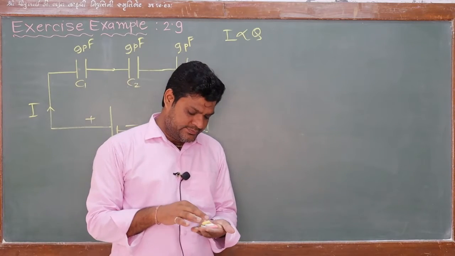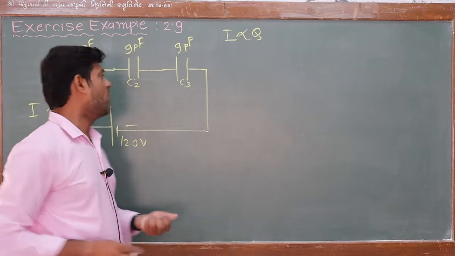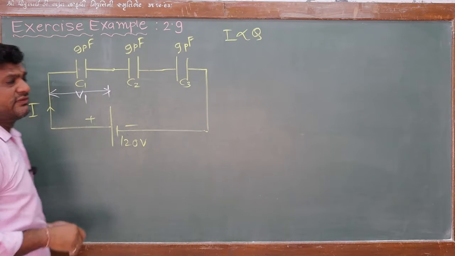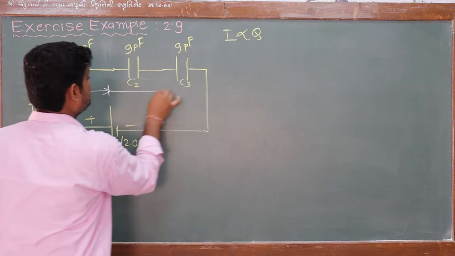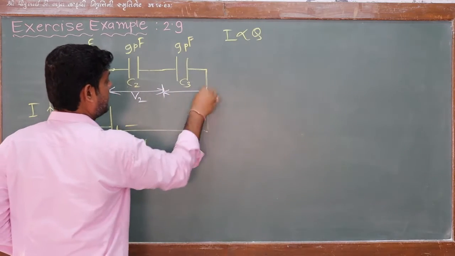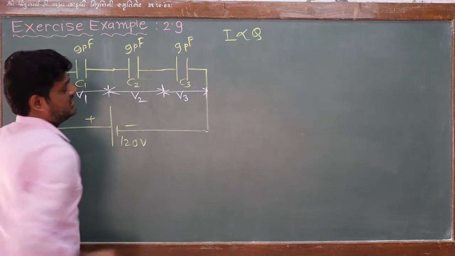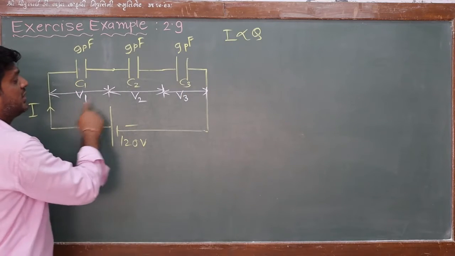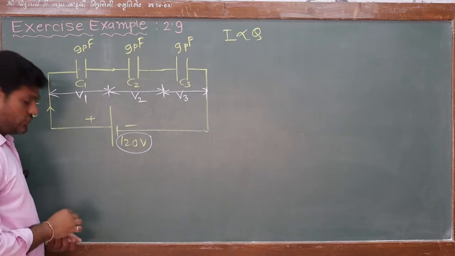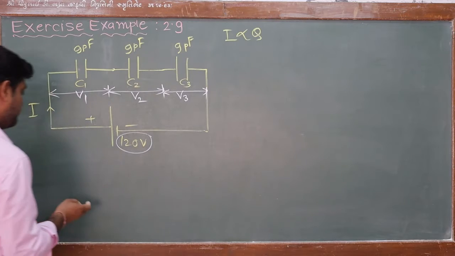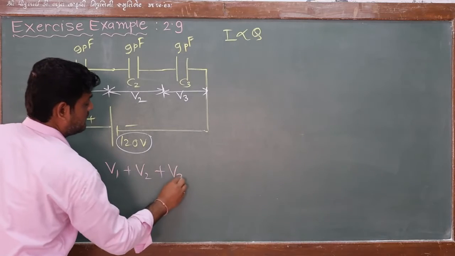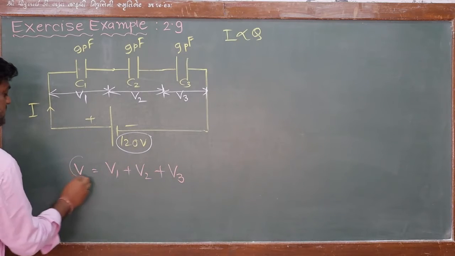Suppose the voltage drop across the first capacitor is V1, across the second capacitor is V2, and across the third capacitor is V3. We know that V1 plus V2 plus V3 equal to 120 volt. So we write V equal to V1 plus V2 plus V3, where V is 120.